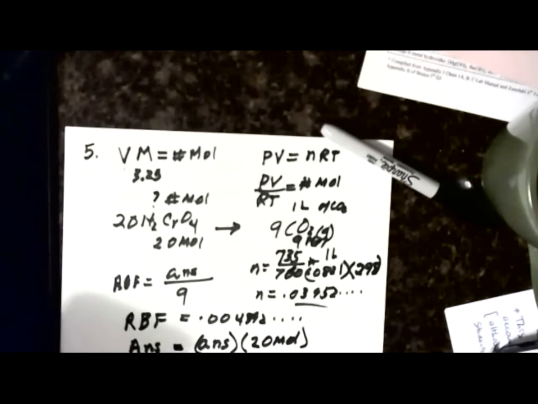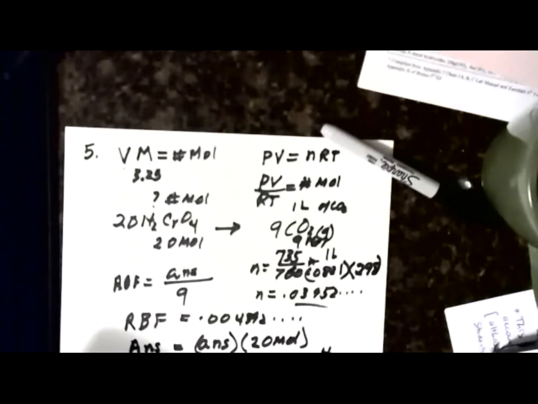Okay, so I multiply that answer by 20. And what I come out with is the number of moles is going to be 2.196 and a whole bunch of digits times 10 to the minus 4.